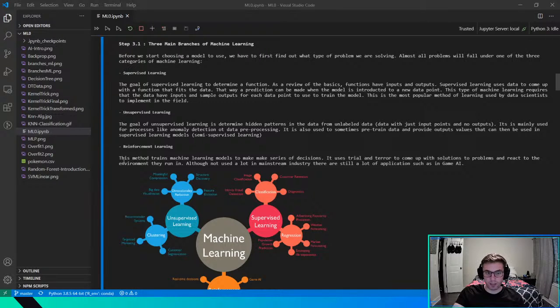In reinforcement learning, you want to have some type of function that tells you how good your result is, and it uses trial and error to come up with the best solution to the problem and react to the environment it runs in. It's really used in games, right? Say you're coding a game like tic-tac-toe, and the objective of the game is obviously to win.